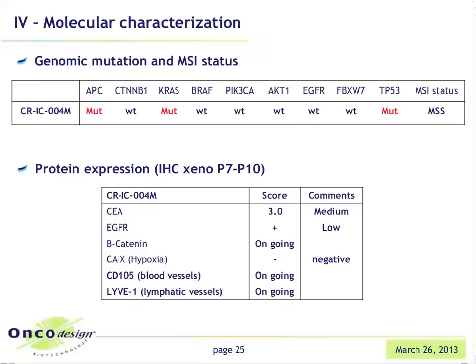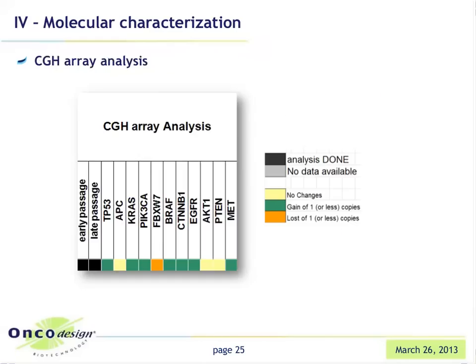The genetic mutation and the MSI status of this specific tumor, and we have usually done some biomarker analysis. Here the CEA, the EGFR expression, and some hypoxia genes, some blood vessel biomarkers are also sometimes what we are doing. The CGH array with the deletion, the gain or loss of copy, and the genes that are usually known to be in the region that were lost or gained.